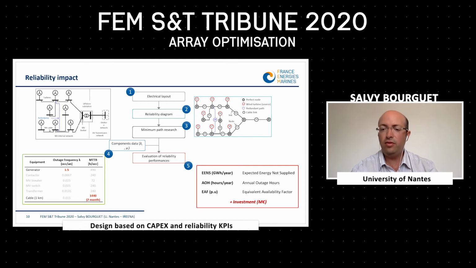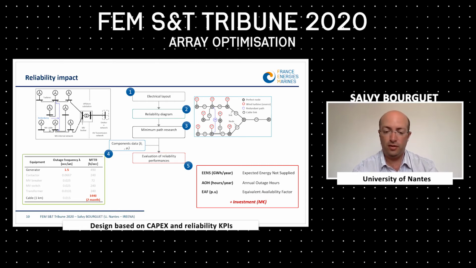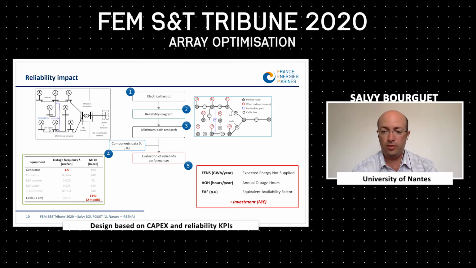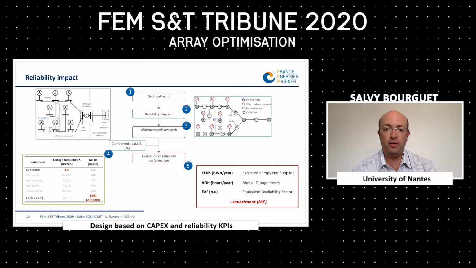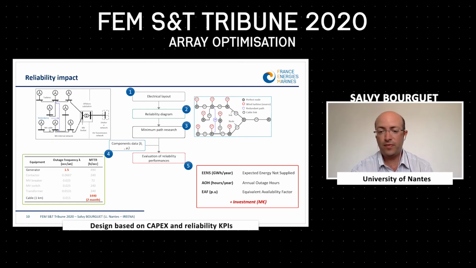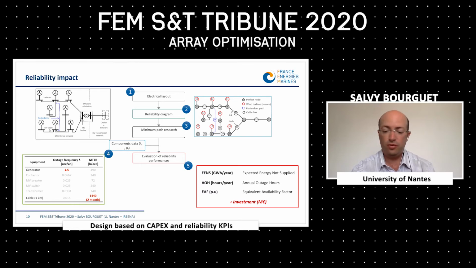And the equivalent availability factor, which is really well known as a percentage of the nominal power you can produce during the life of your system, considering all the outages you have in the different systems. And of course, we also have a look to the investment part in euros mainly.